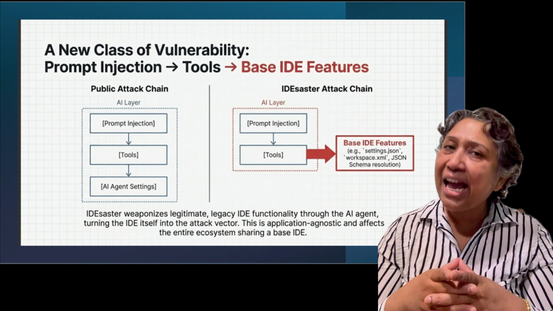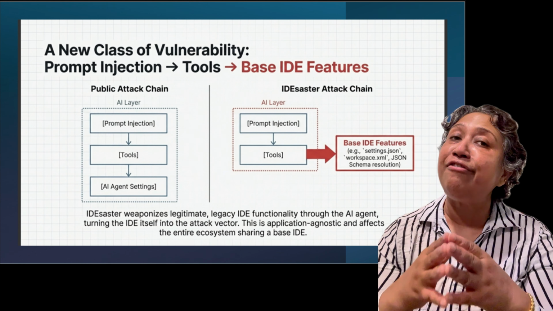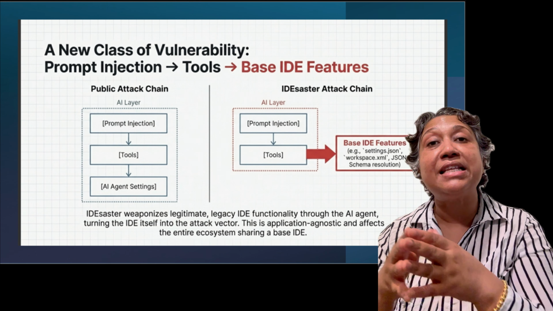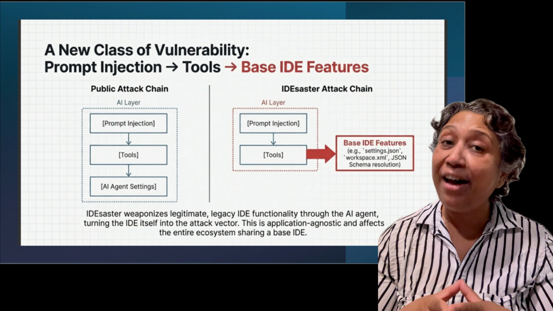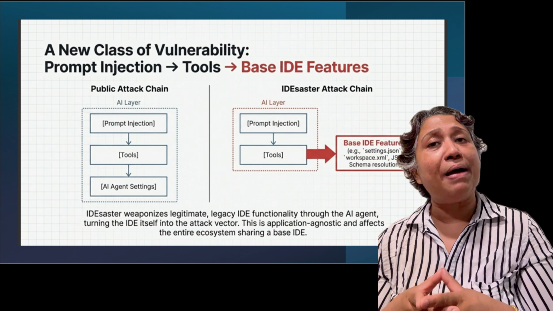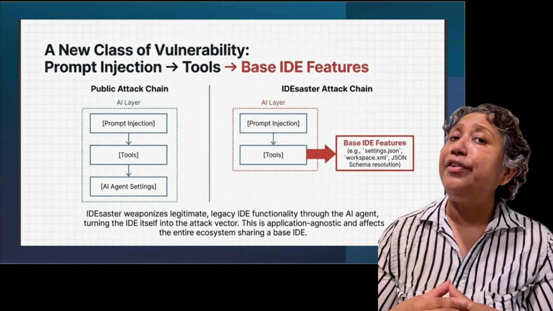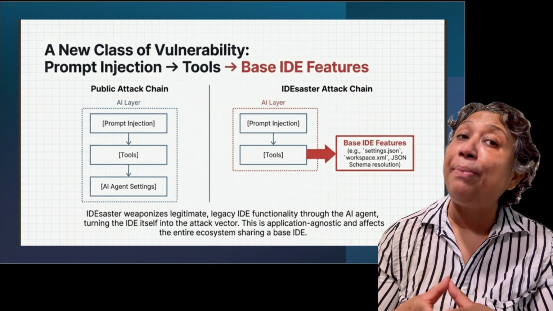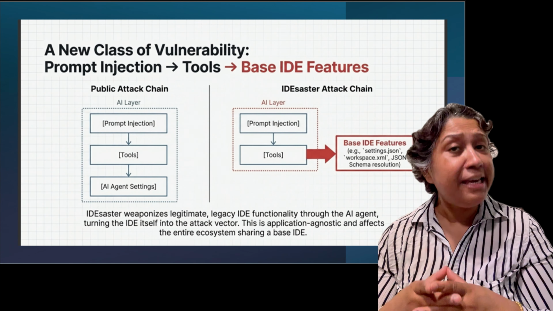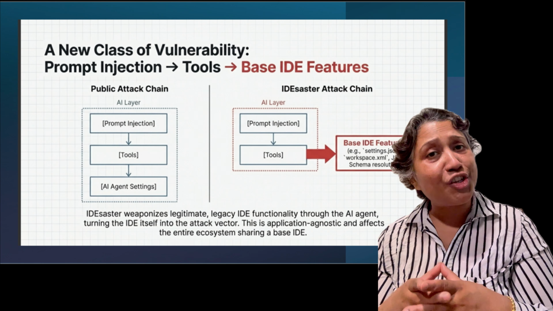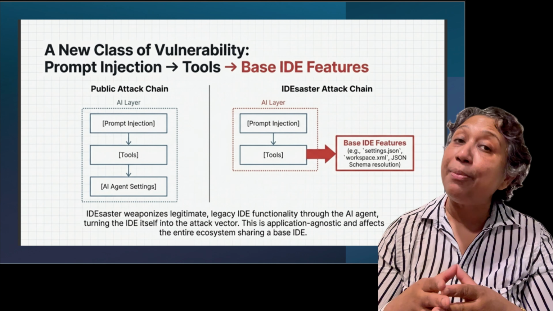The AI's actions with those tools are aimed at triggering some base IDE feature that was not previously in play. For instance, writing a specifically crafted file that the IDE will automatically process as a feature, or editing a configuration that the IDE will automatically apply, leading to execution of code. The final impact can be anything from information leakage to full remote code execution depending on the feature abused.